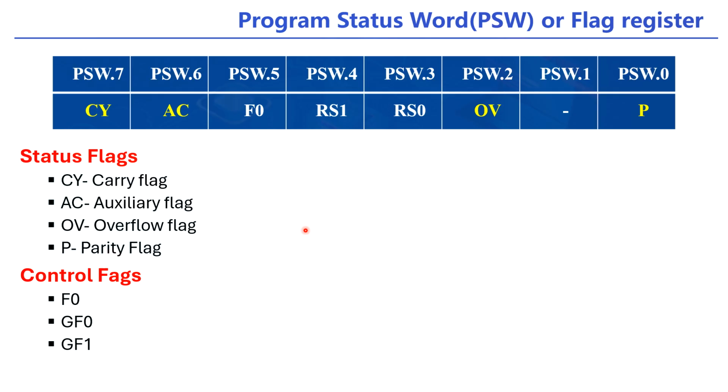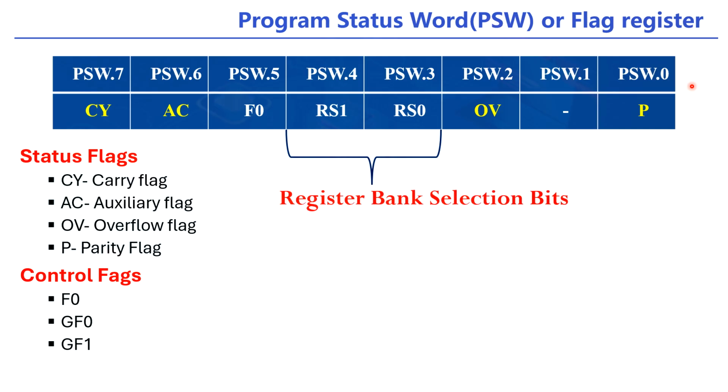We will discuss in future lectures the role of these control flags more. We can decide here the register selection bits. We can decide which bank of registers is used here. These are the register bank selection bits.